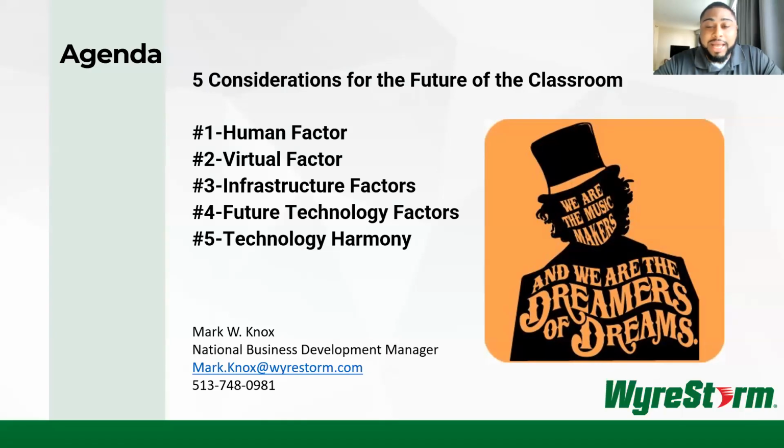I like to refer to classrooms as learning environments at this point because we can never really be sure what the configuration or what the purpose of that room is going to be. The classroom is a learning environment. So the first consideration we're going to talk about is the human factor, then virtual factor, infrastructure, future technology, and something I like to call technology harmony.